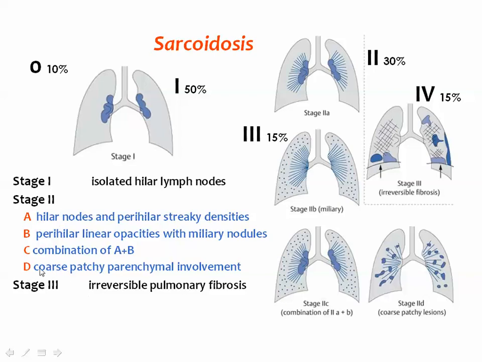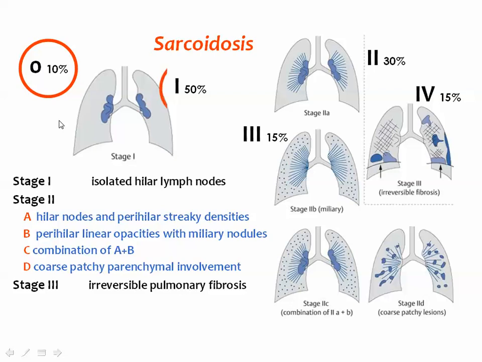The final stage, or let us say end stage sarcoid, is irreversible pulmonary fibrosis, and I have mentioned this in the first part of this lecture. Then the second way is to consider a patient known to have sarcoidosis with no lung disease or no thoracic involvement, and this is stage 0, which is seen in about 10% of the cases.